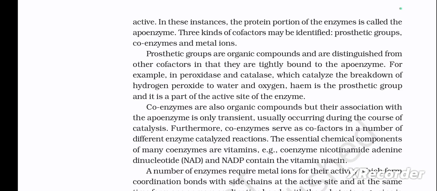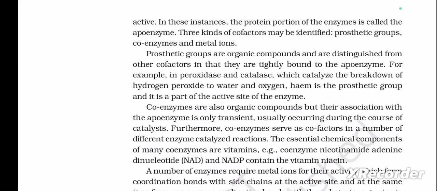Prosthetic groups are organic compounds and are distinguished from other cofactors in that they are tightly bound to the apoenzymes. For example, in peroxidase and catalase, which catalyze the breakdown of hydrogen peroxide to water and oxygen, heme is the prosthetic group and it is a part of the active site of the enzyme.